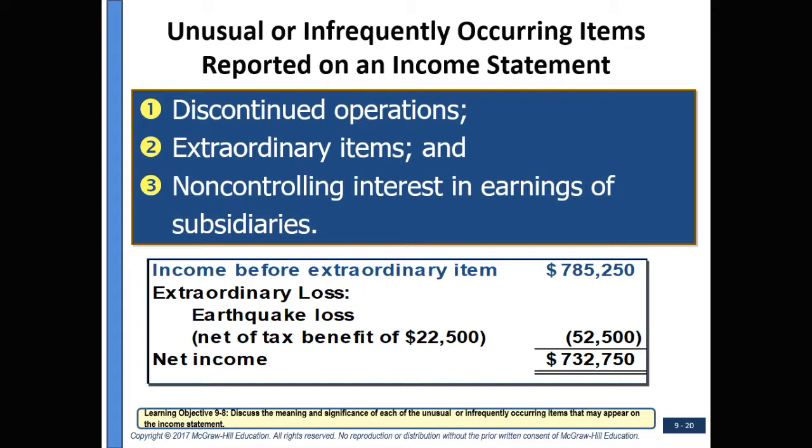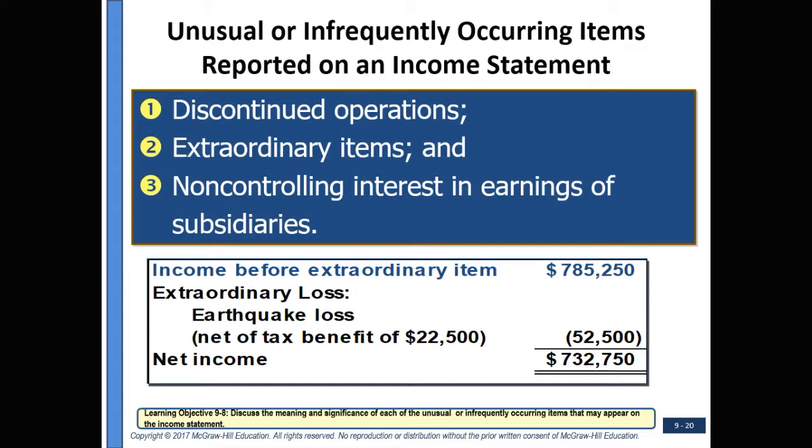Other types of extraordinary items are losses from fire, theft, Mother Nature, and any non-controlling interest in the earnings of subsidiaries. These are the items that are unusual that will appear on income statements.